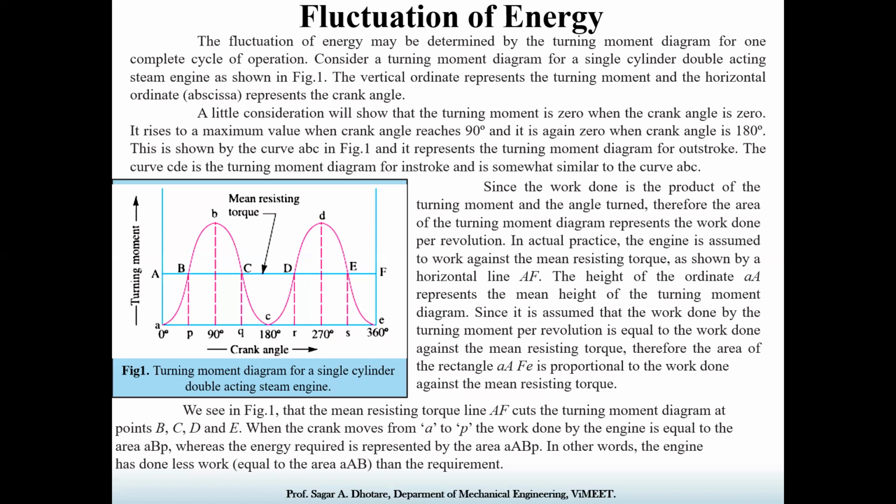The height of the ordinate aA represents the mean height of the turning moment diagram, since it is assumed that the work done by the turning moment per revolution is equal to the work done against the mean resistance torque.